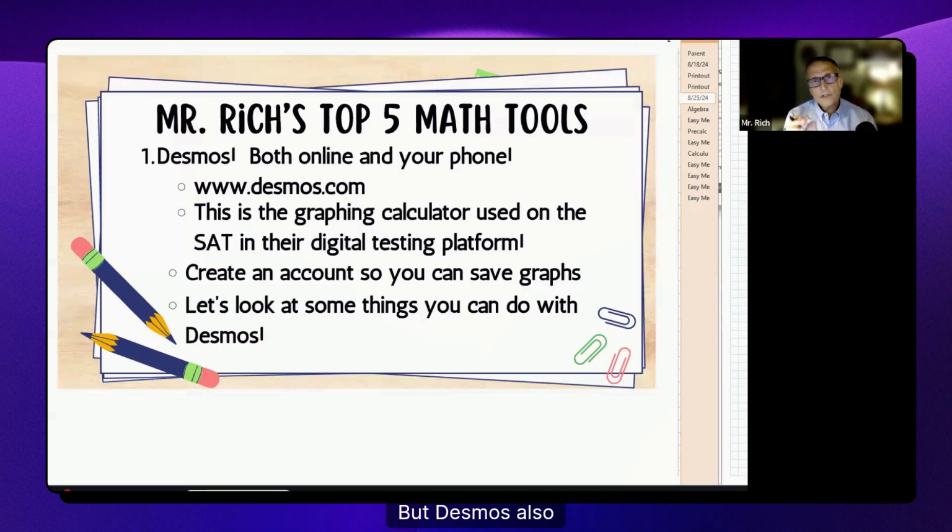But Desmos also has an app for your phone or your iPad or any of your devices that you can load and utilize there. So a lot of students, when I'm teaching math in high school, I've had students load it onto their iPhone so they could use it. It's got the same functionality as you do online. So it's an awesome thing. I recommend that you get it on all of your devices.